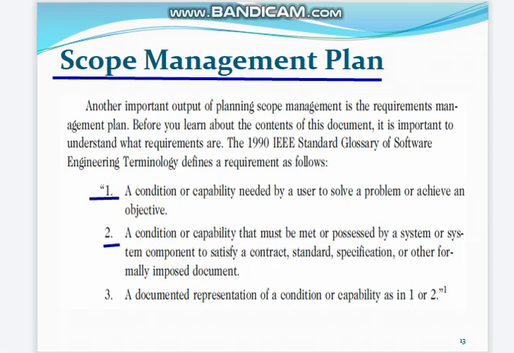Number 2, a condition or capability that must be met or possessed by a system or system component to satisfy a contract, standard, specification, or other formally imposed document. Number 3, a documented representation of a condition or capability as in 1 or 2.